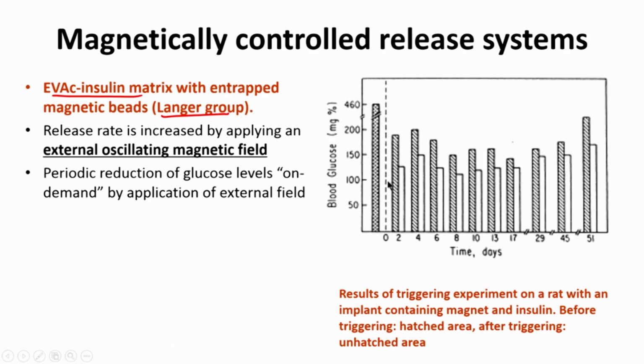Right before triggering, the hashed area is the blood glucose level, but as you trigger, more and more insulin gets released, and because of that you see a drop in the blood glucose level. That means insulin is releasing in a higher amount when you apply the magnetic field, and not only that, it is actually functional and is able to reduce the blood glucose even for a time frame of up to almost 2 months.